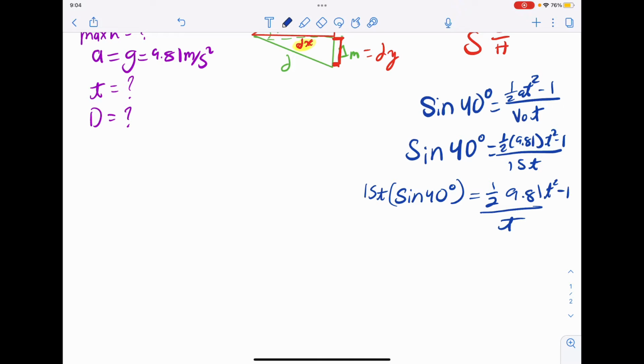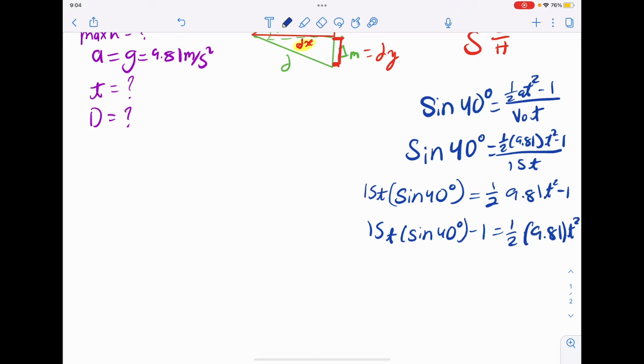So what we actually end up doing is we move the 1 over, and we end up with 15t sine 40 minus 1, right? Equals half 9.81 t squared. And then we go ahead, we multiply by 2.